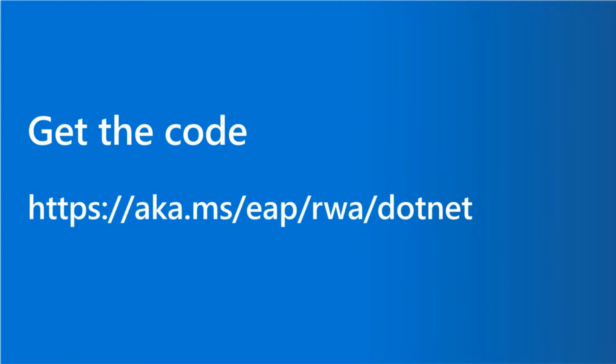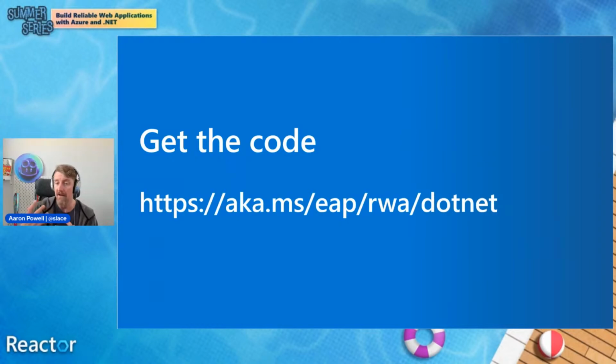If you want to have a bit more of a dig into some of the Bicep files and the script files that we use to deploy this application, do grab a copy of it from the GitHub repo at aka.ms/EAP, Enterprise Application Patterns, /RWA, Reliable Web Apps, /.NET. Have a look at the files. You can deploy them yourselves using the Azure Developer CLI. We covered that in the first episode of this series a couple of weeks ago.